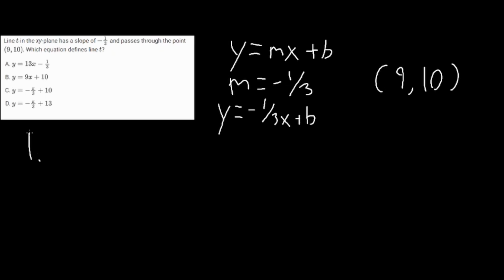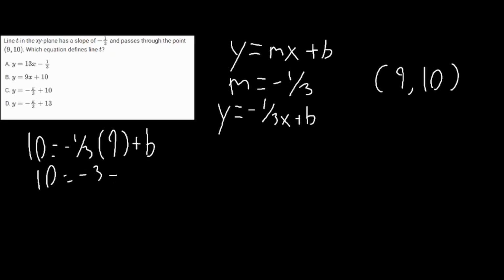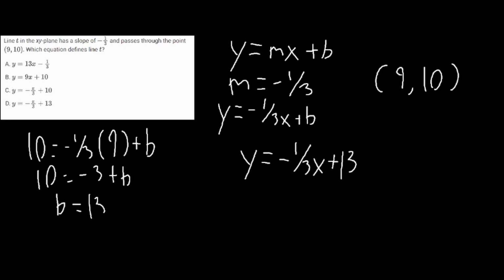So we will get 10 equals negative 1/3 times 9 plus b. Multiplying that out, we get 10 equals negative 3 plus b, and adding 3, we get b equals 13. Now, substituting b back into our equation, we get y equals negative 1/3 x plus 13, which is equivalent to answer choice D.